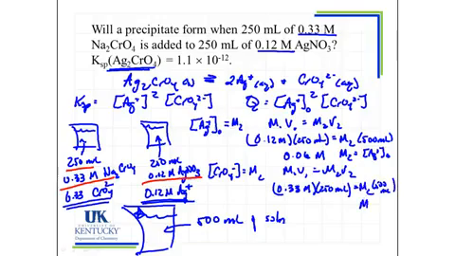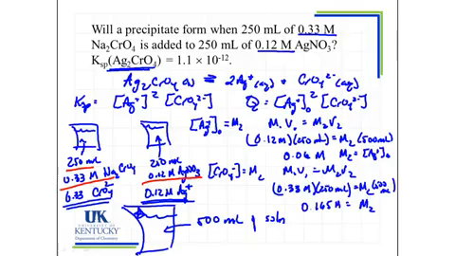So M2 in this dilution would be equal to 0.165. Now I'm carrying an extra sig fig there, but that's okay. That's the concentration of the chromate.